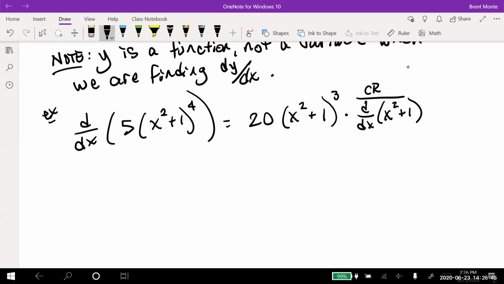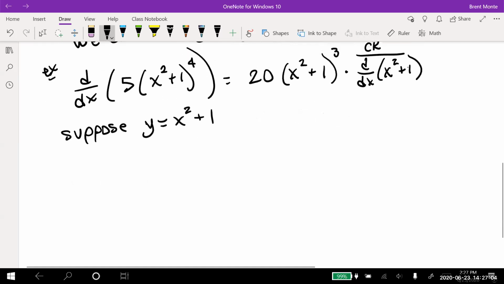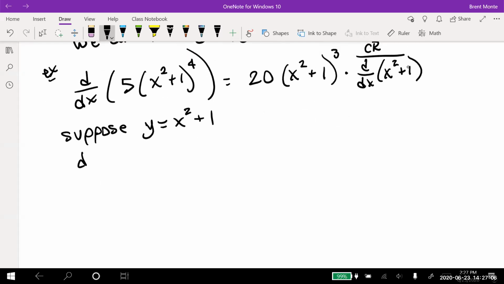Because suppose I don't know that's an x squared plus 1. Suppose y was equal to x squared plus 1, unknown to us. All we know is y is some function. Well, maybe the function is x squared plus 1. I don't know. But what would happen, this same problem, instead of saying d dx of 5 times x squared plus 1 to the 4th, is going to just say 5y to the 4th.